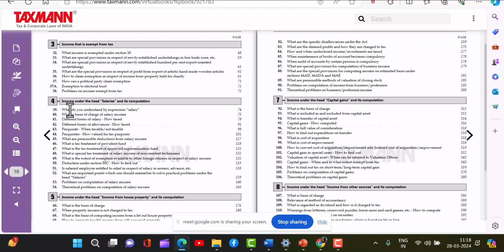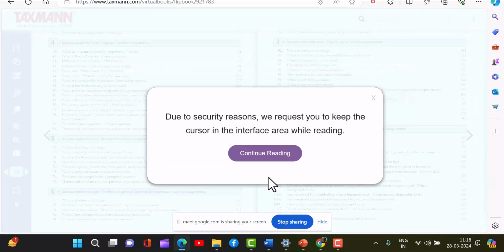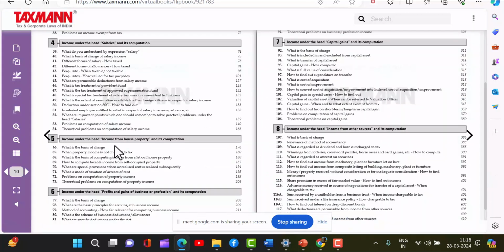Then we have the five categories of income. Income from salaries: if you are working in a company and drawing a salary, what is the law regarding that, and how are you supposed to pay tax? Then we have income from house property. Suppose you have a house property and you have given it on rent to someone, or you have a commercial property given on rent, then you have to pay tax on the rental you are getting.